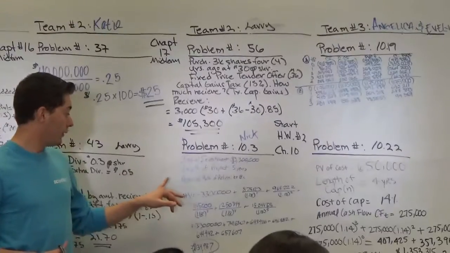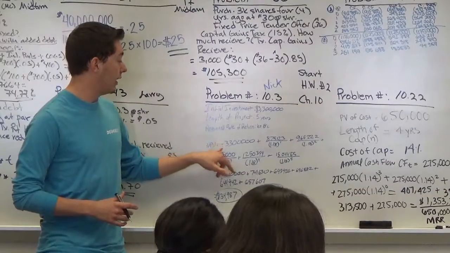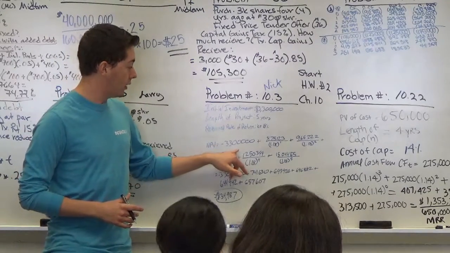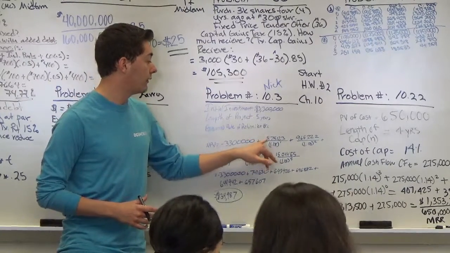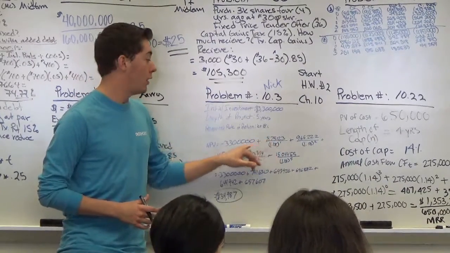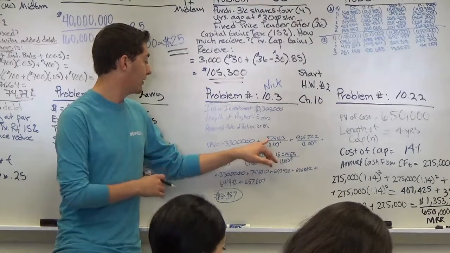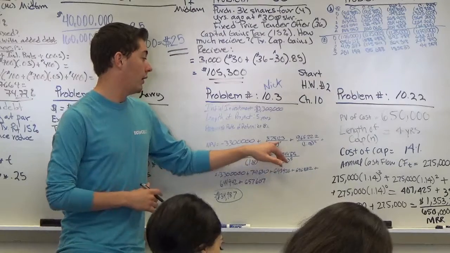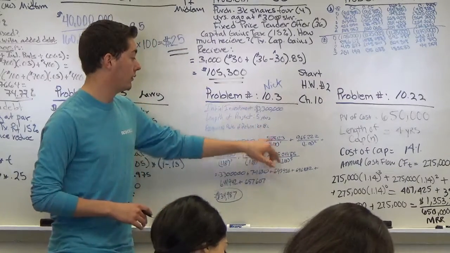So that means that you'll set it up with net present value equaling negative $3,300,000 plus the first year cash flow, which was $875,123, over 1 plus the discount, or 1 plus the required rate of return, and then to the year that this is, which will be to the first power.